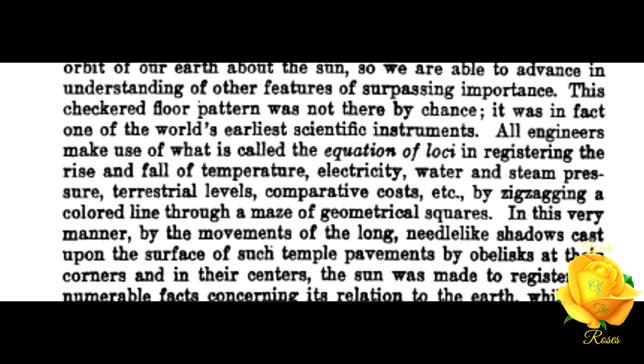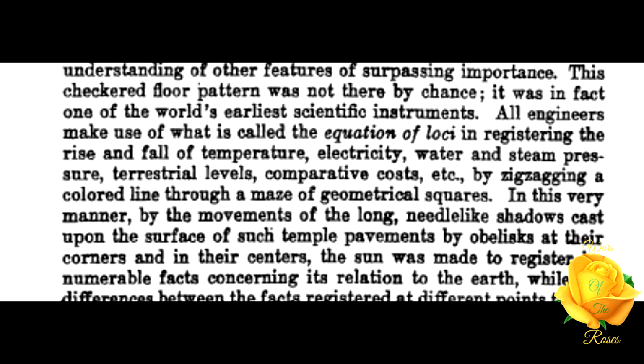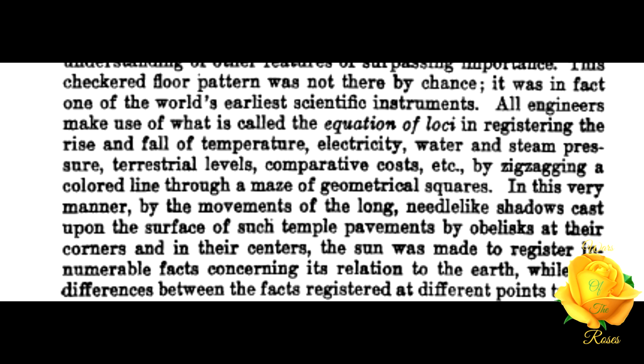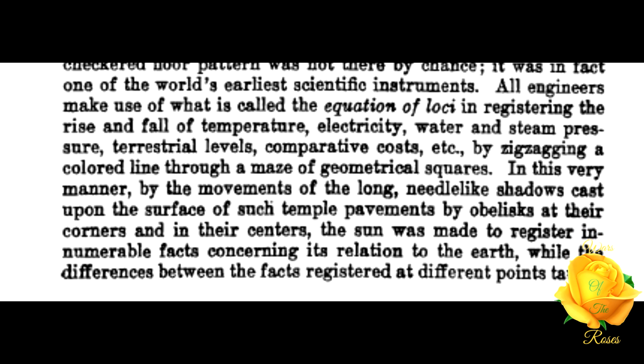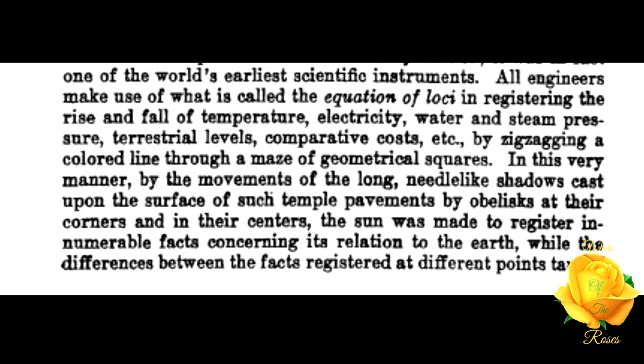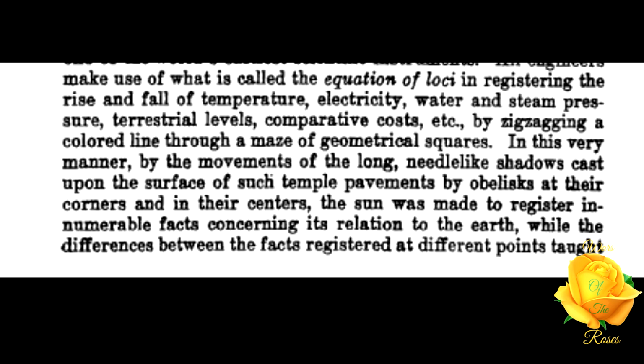All engineers make use of what is called the equation of loci in registering the rise and fall of temperature, electricity, water and steam pressure, terrestrial levels, comparative cost, etc., by zigzagging a colored line through a maze of geometrical squares.